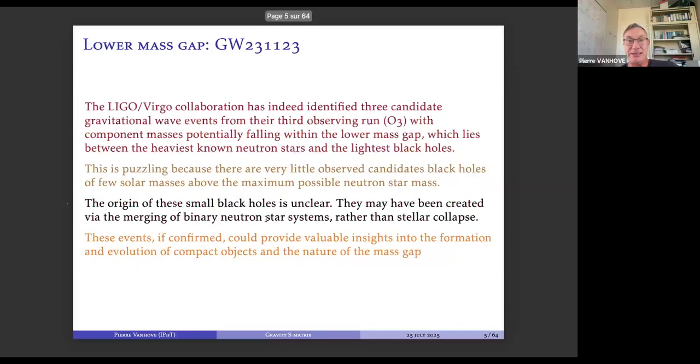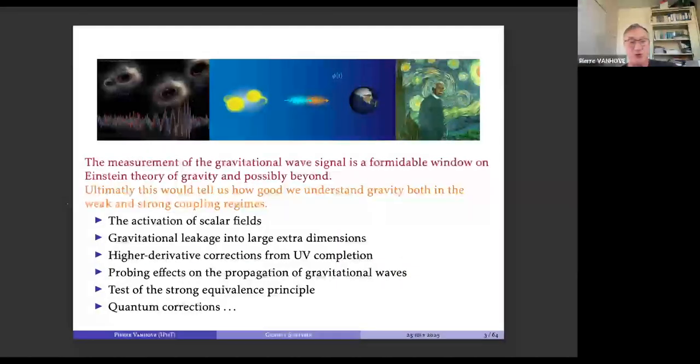So in fact, everything that I'm going to tell you about these techniques that allow you to produce waveforms or other observables associated to this signal is really not just trying to push to the next order in the post-Newtonian and post-Minkowskian expansion. It is really probing the physics of gravity beyond the classical theory of Einstein.